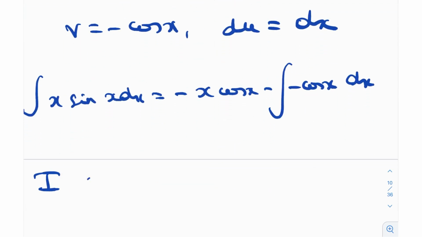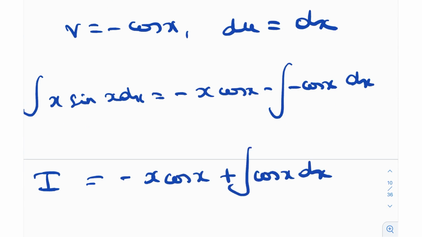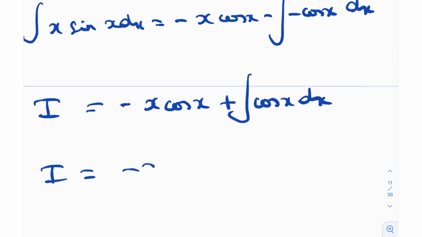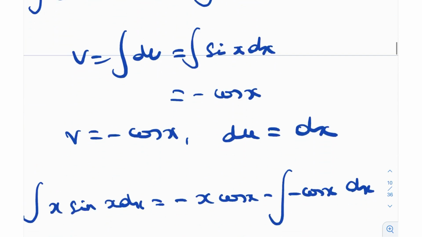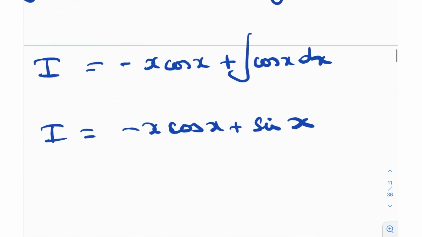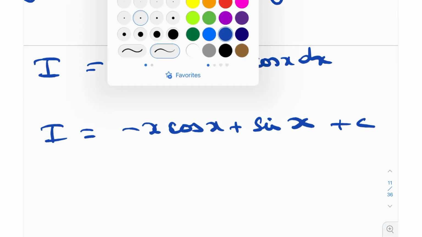So the integral I is equal to negative x times cosine x plus the integral of cosine x dx, which we know is nothing but sine x, right? Plus sine x. The integral of cosine is sine, and the integral of sine is negative cos, right? I hope that I did that correctly. But okay, anyways, so this was plus c.